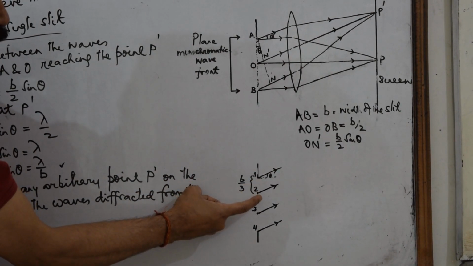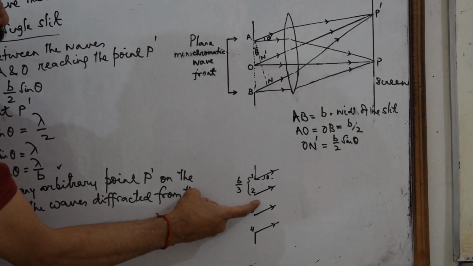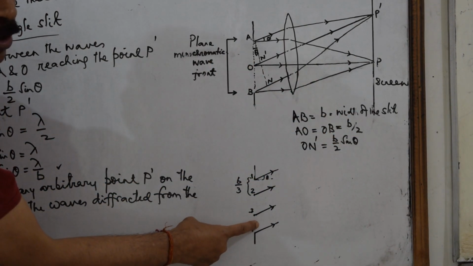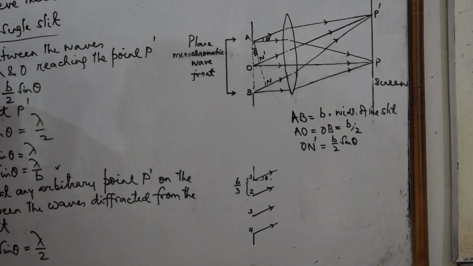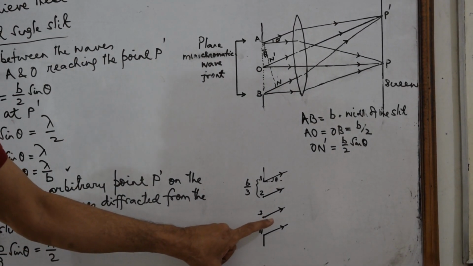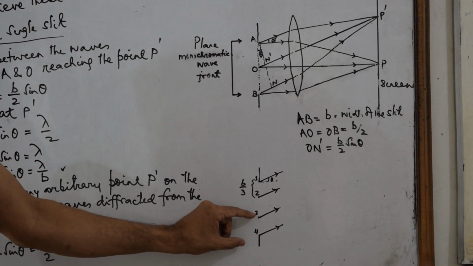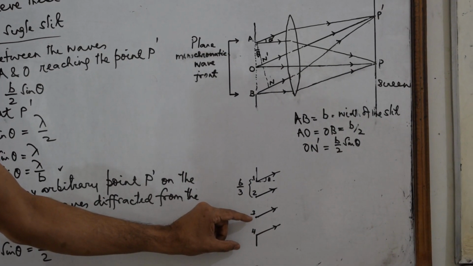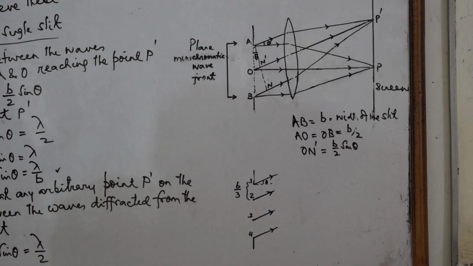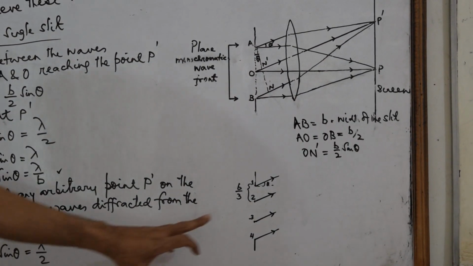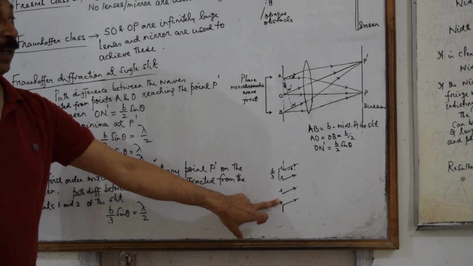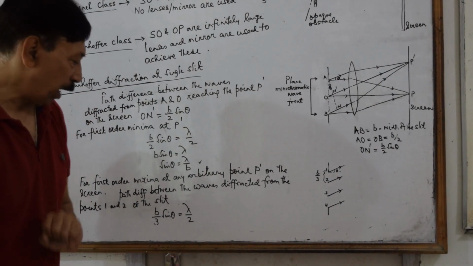So these two light waves from these two parts of the slit will cancel the effect of each other, but the third part remains uncancelled, which will give illumination. And therefore we will have the first maxima, but it's obvious that the width of the slit has now become one-third compared to the central maxima, and therefore the illumination of the first order maxima will be very less in comparison to the central maxima.